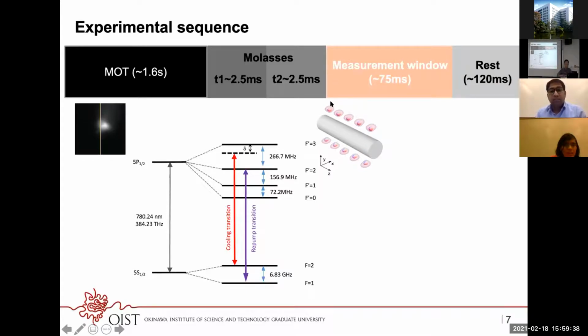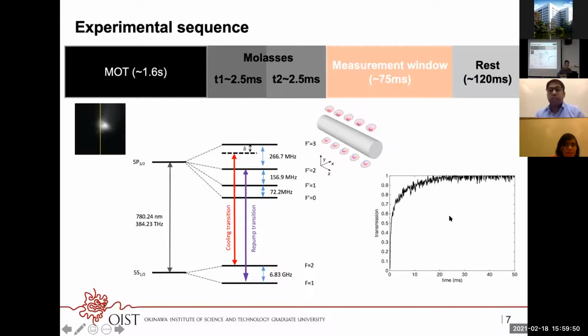So then in the measurement window, we turn on the probe beam, which is resonant to this F equal to 2 to F prime equal to 3 transition. And then we measure the transmission of that probe. If you see here, in the beginning, there are probably many more atoms, so most of the probe is absorbed and there is very little transmission.